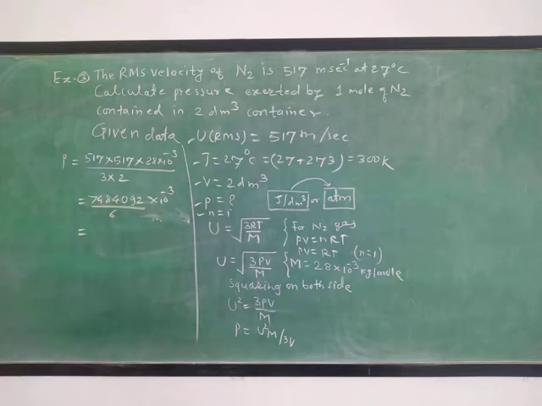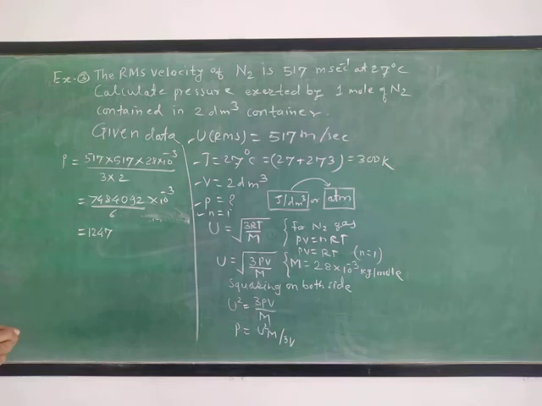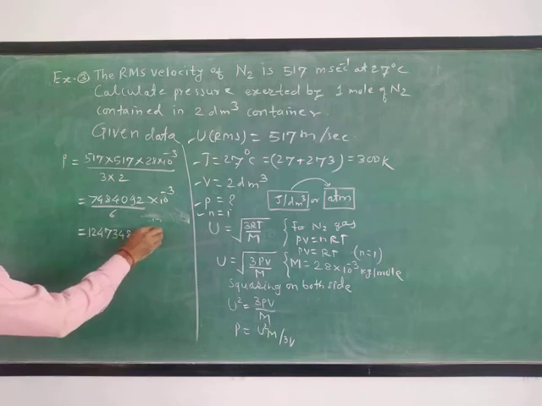Again 7484092 divided by 6 will be 1247348.6 into 10 raised to power minus 3.